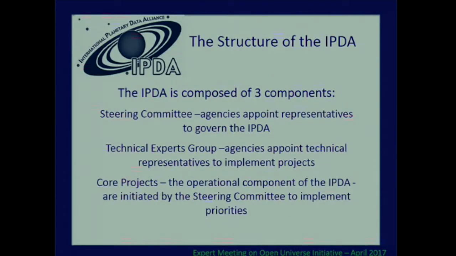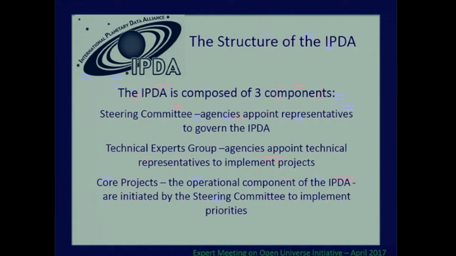The structure of the organization is composed of three main components. The steering committee, where two members from each agency are appointed, is basically the entity making decisions about the projects and the pathway to the next step for the IPDA.